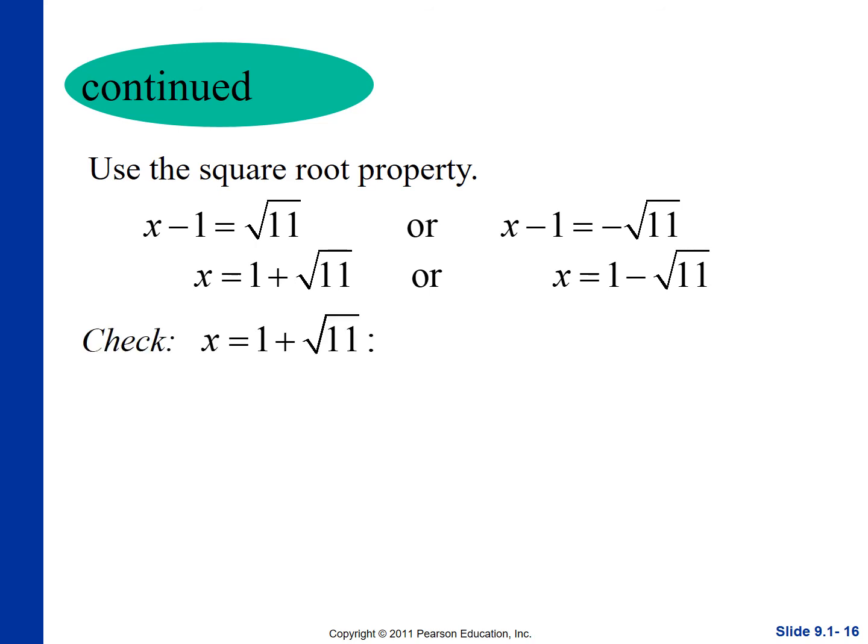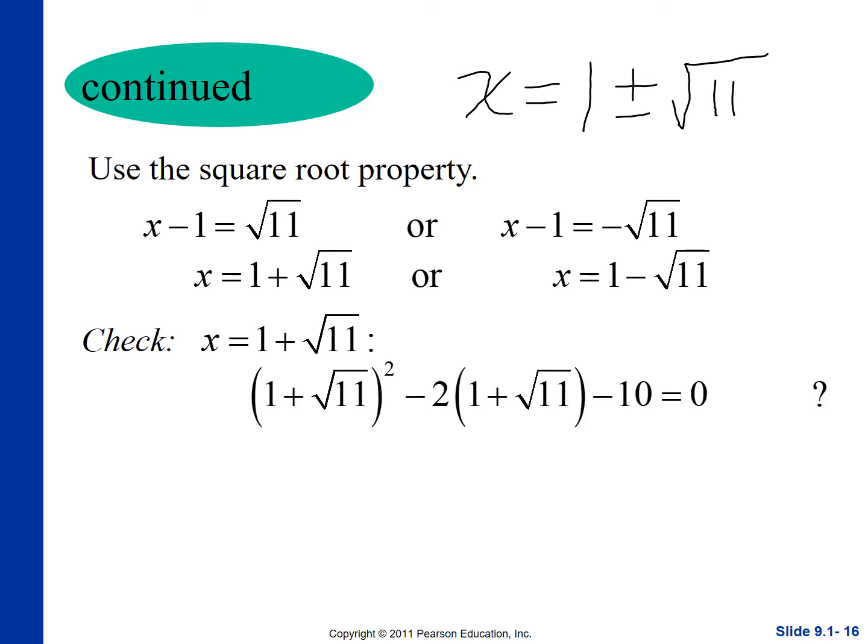Right? And again, you could write this in this manner: x is equal to 1 plus or minus square root of 11. All right? You might see that in some math books or sometimes on standardized tests in that form. So you plug in, check the work.